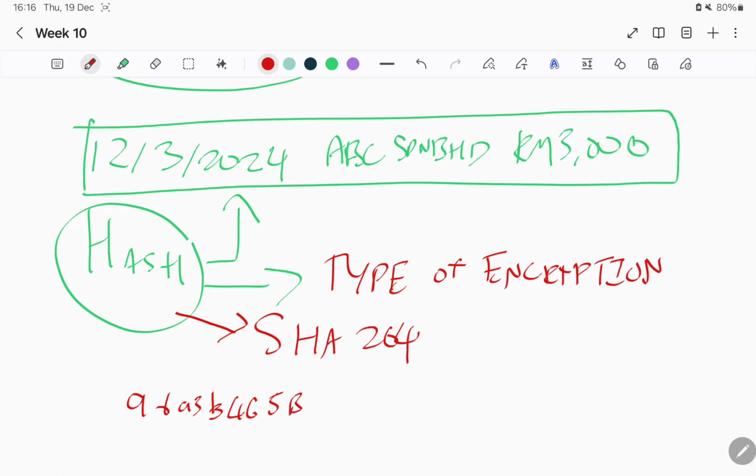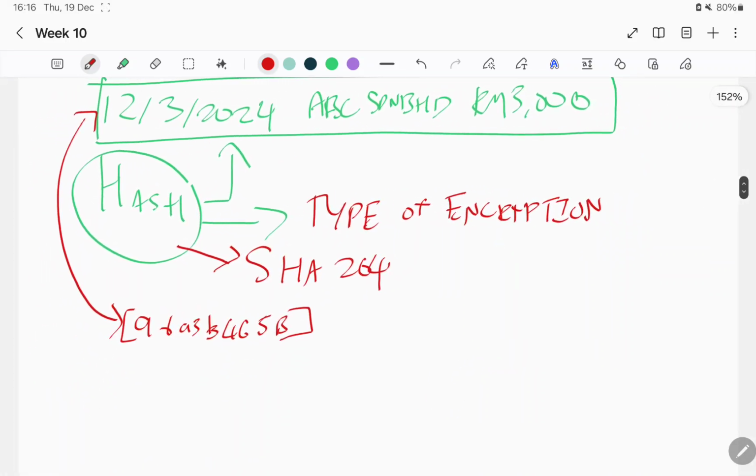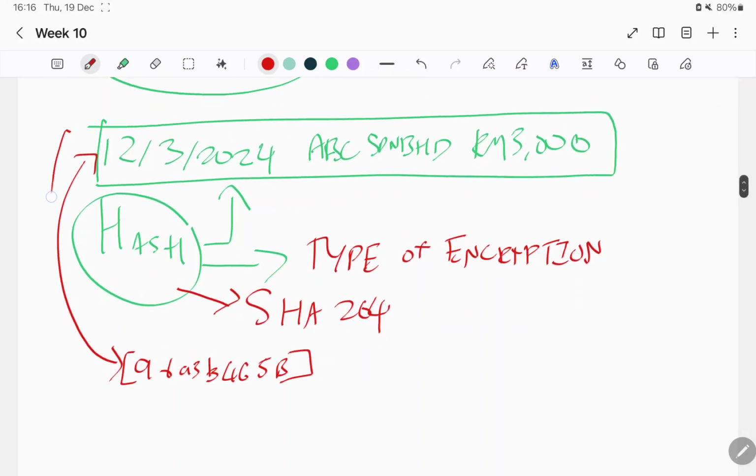A sequence of numbers. And then this sequence will be tied together with this transaction, and this forms one block.